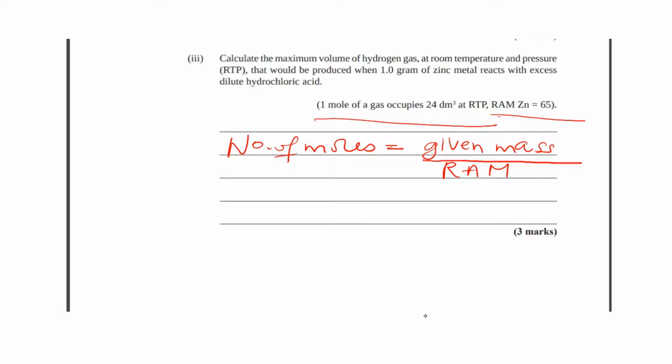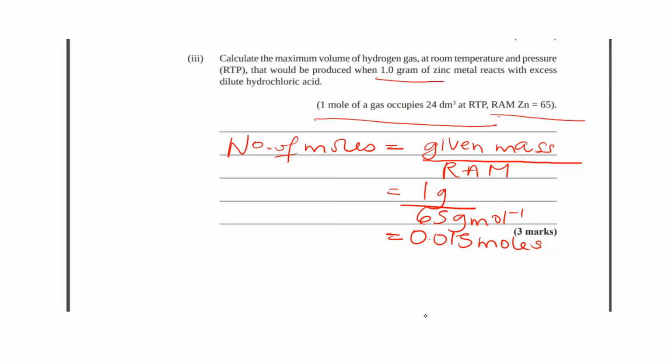So then you have the given mass being what? 1 gram, right? 1 gram, that's the mass that I gave you. Divided by the RMM, which is 65 grams per mole. That answer is 0.015 moles. Let's start with moles.